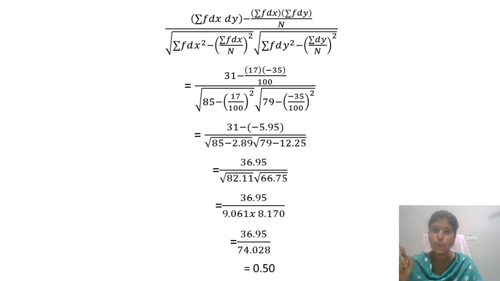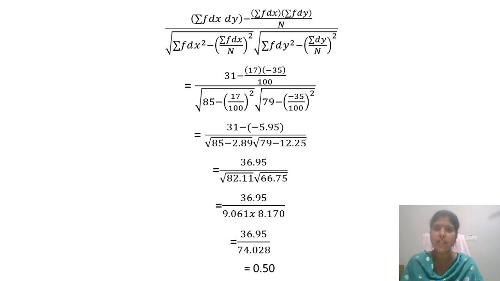Next again in root, sigma fdy square is 79 minus sigma fdy divided by n whole square, that is minus 35 divided by 100 square. Now next step: 36.95, that is 31 minus minus 5.95. Root of 85 minus 2.89 is nothing but 9.061.